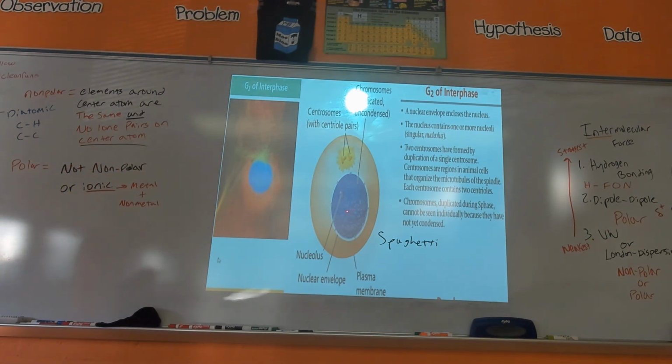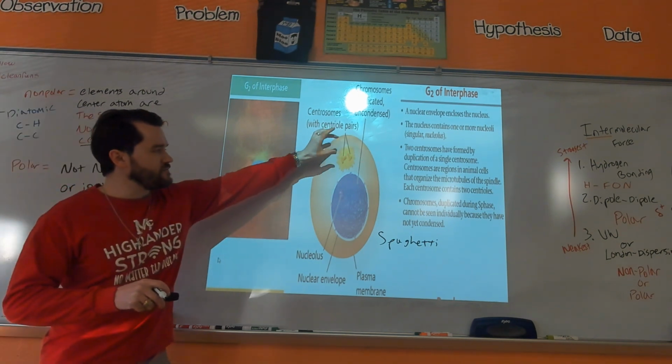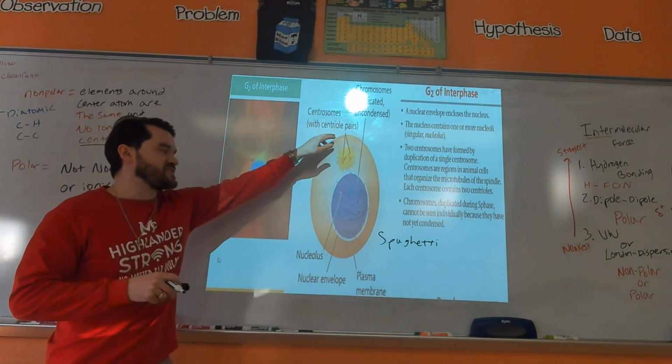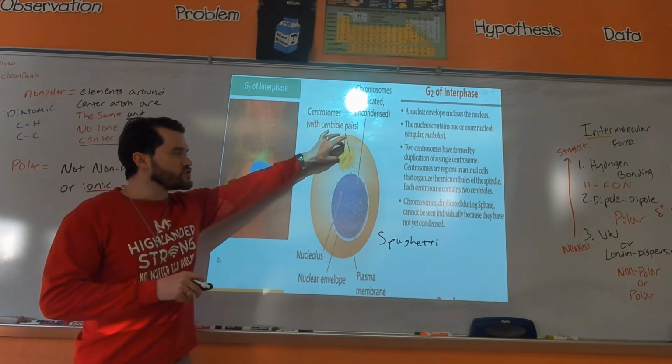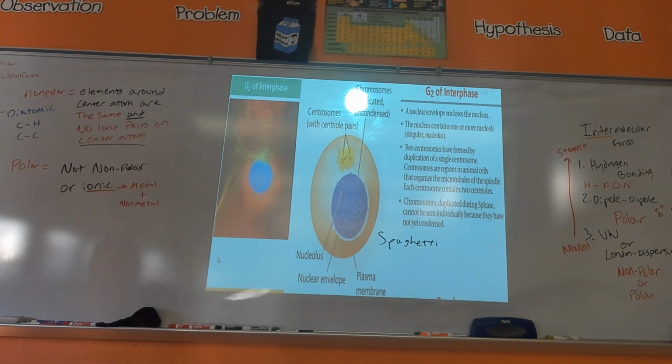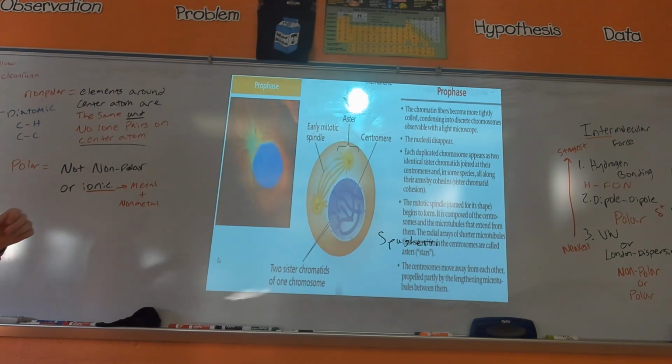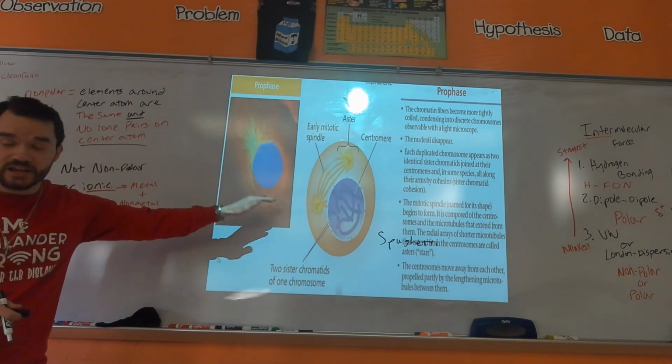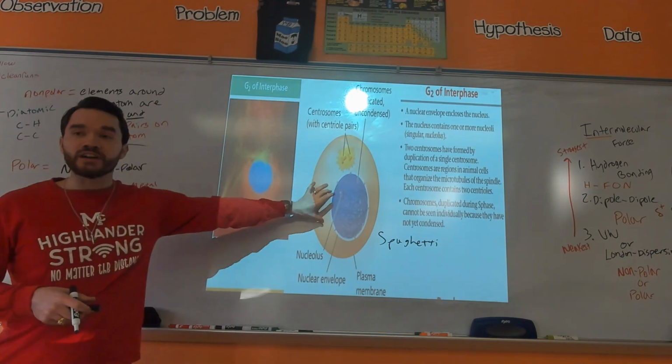There are these two centrosomes that eventually are going to migrate to opposite ends of the cell, but here you'll notice that they're located on one end of the cell. That's where your mitotic spindle is going to come from. And that's really the main thing. I think noticing the chromosomes is the biggest thing to differentiate interphase from specifically prophase, because in both of them you have the nucleus intact.